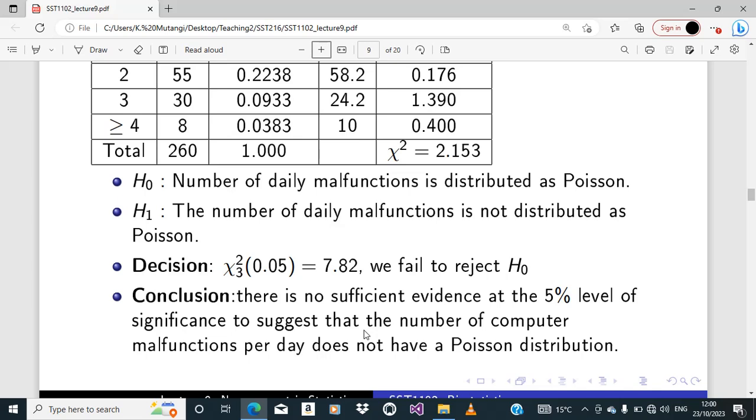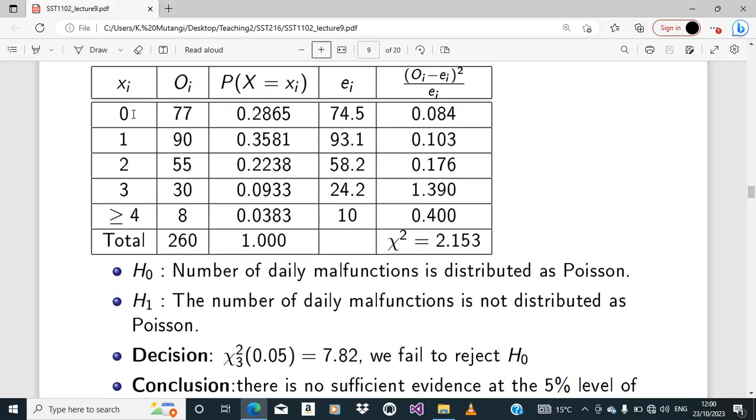In this case, we are using chi-squared with k minus r minus 1 degrees of freedom, where k is equal to the number of classes in the last table. This table is 5 classes. From 0 up to greater than or equal to 4, there are 5 classes. So k is equal to 5 and r is equal to 1, because we've estimated lambda.